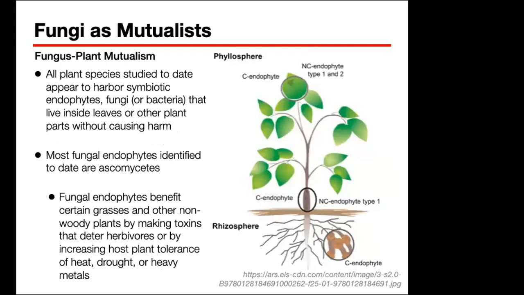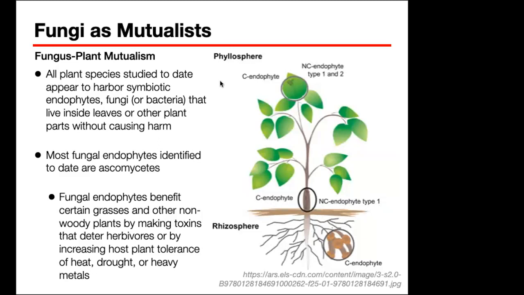Okay, and we have been talking about mutualism with fungi, for example fungus-plant mutualism, and it is believed that all plant species studied to date appear to have, at some point, symbiotic endophytes. It can be a fungus or bacteria that lives inside the leaves or other plant parts without causing harm. Fungi in nature have formed mutualistic relationships not only with plants but also with other photosynthetic entities like algae and cyanobacteria, as in the case of lichens.